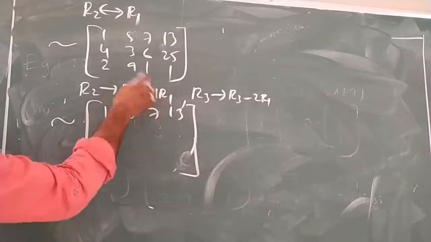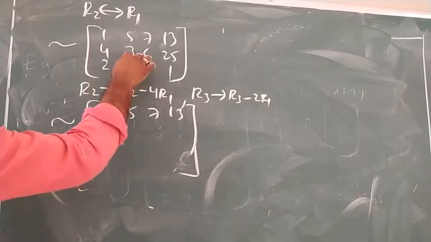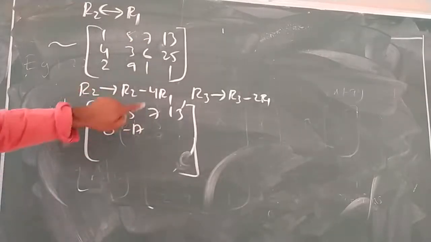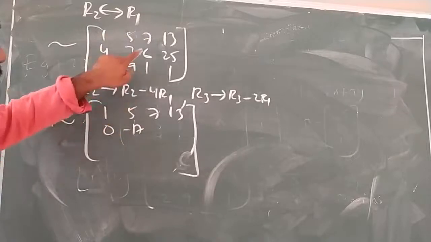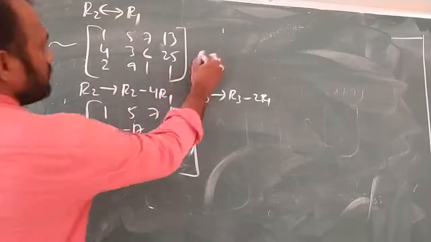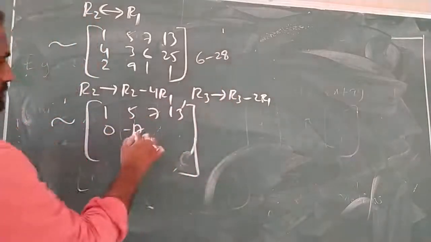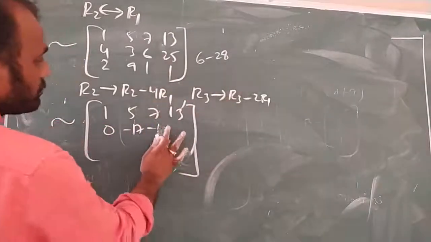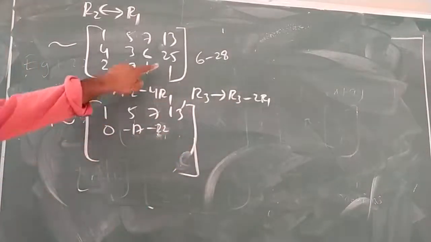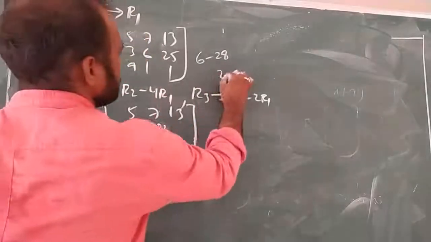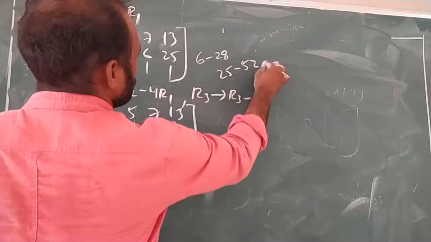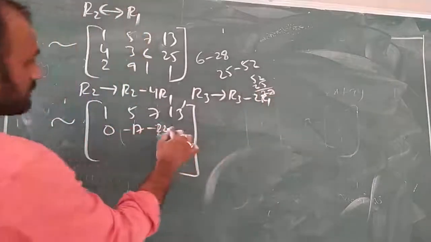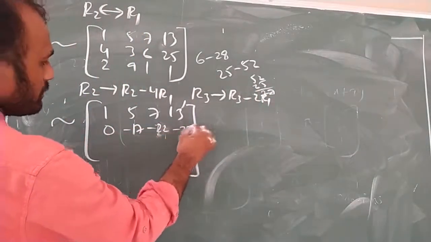Here you see row 2 minus row 1: 4 minus 4 is 0, 3 minus 20 is minus 17, 6 minus 28 is minus 22, and 52 minus 25 is 27, so minus 27.